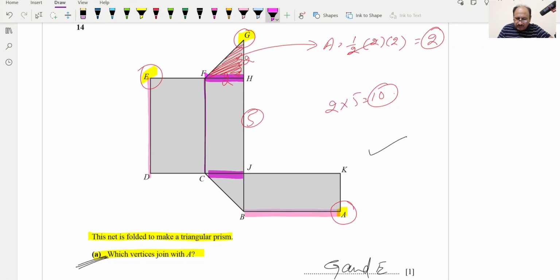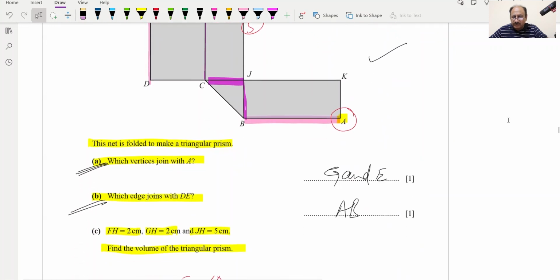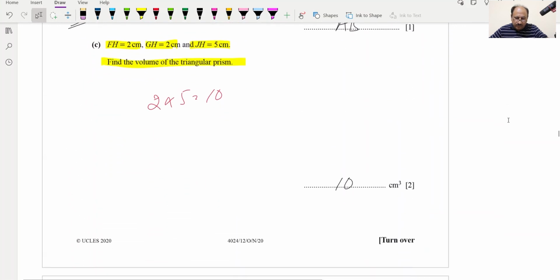Try to make this triangular prism. You will understand better. Hopefully it will be clear.